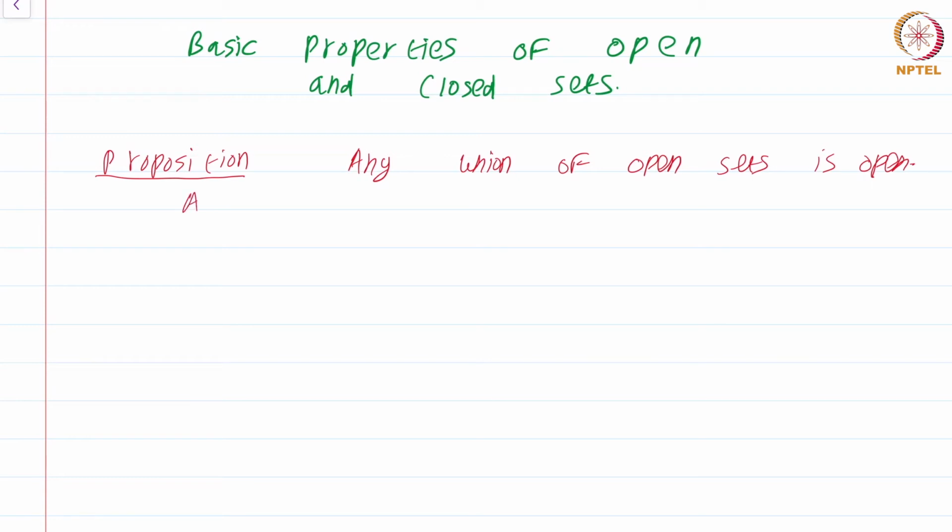Any finite intersection of open sets is open. Now the first part I have already hinted how to prove. It's quite easy, but let's, for the sake of completeness, give a full proof.